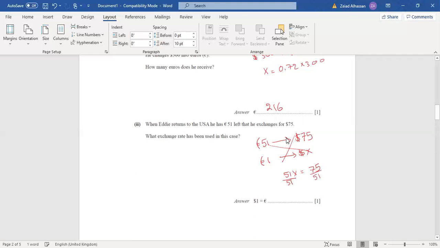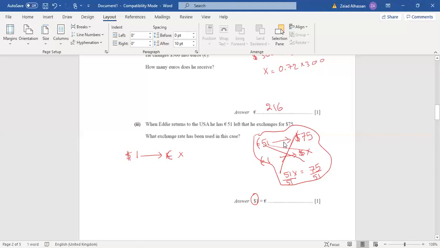Oh, see, I didn't. So $1 is how much euro? So I have calculated 1 euro is how much dollar. So this is not required. Wait, I will do it that way. So $1 is how much euro?